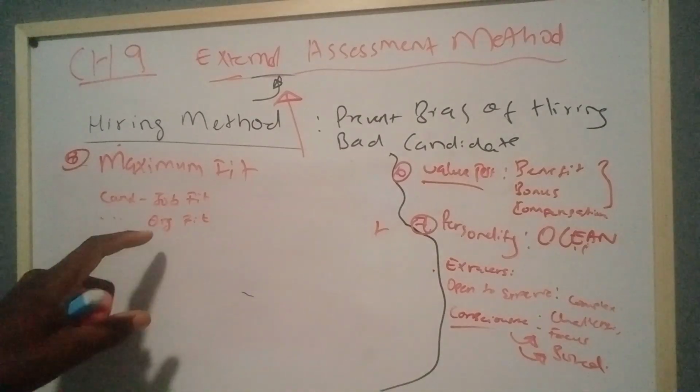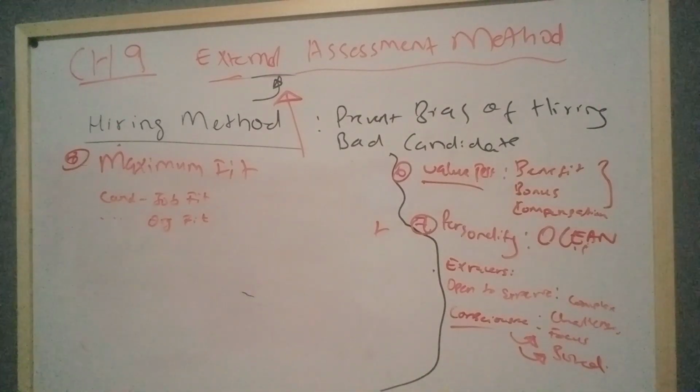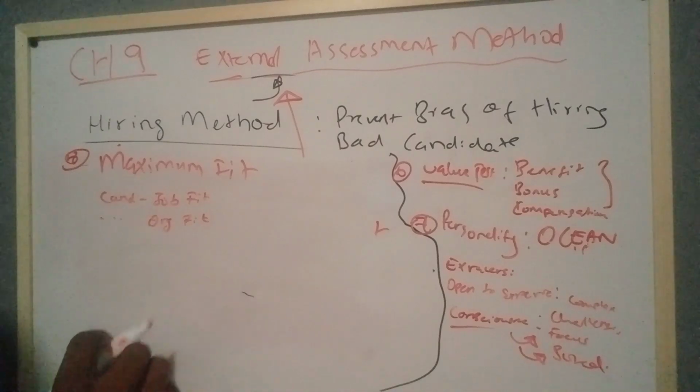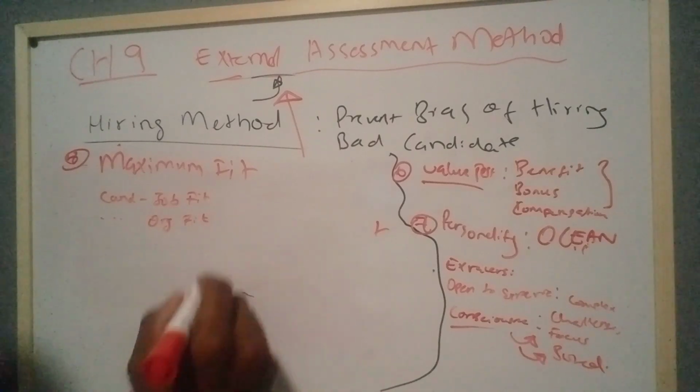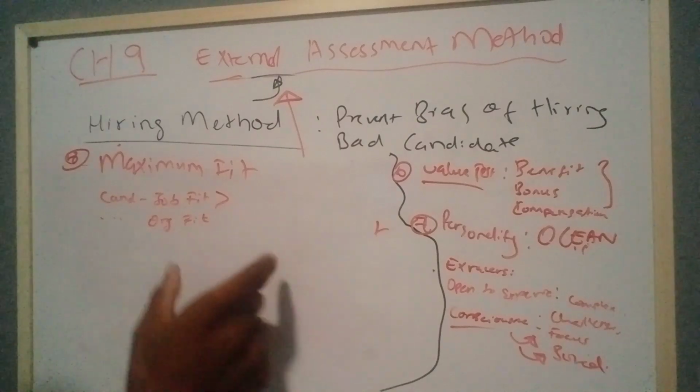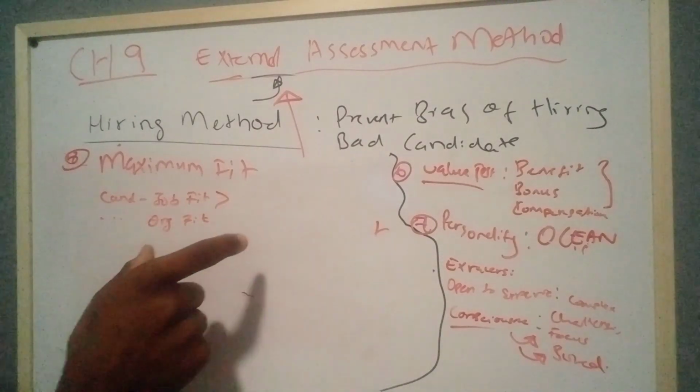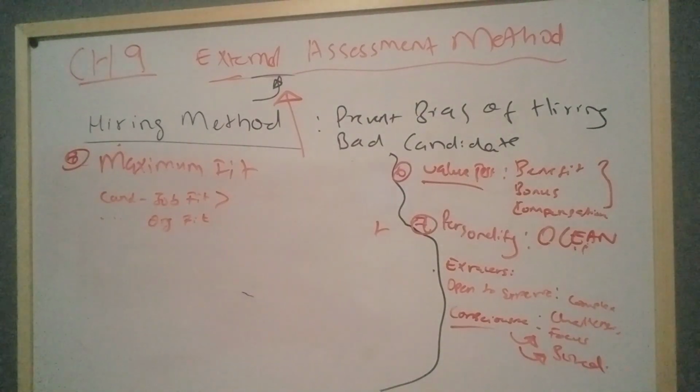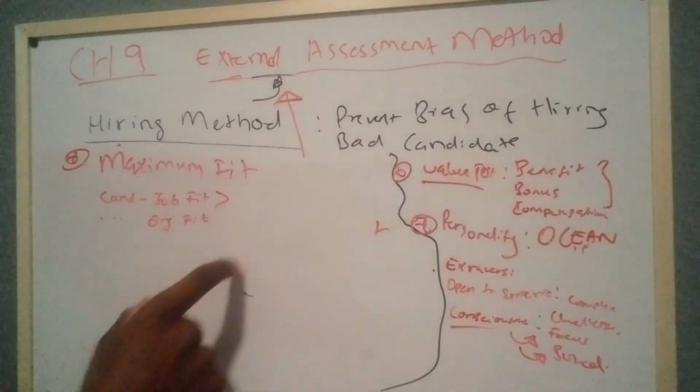Job fit, organizational fit. I forgot the third one, but that is where they assess whether a candidate has matching personalities with the job or matching personality with the organization.